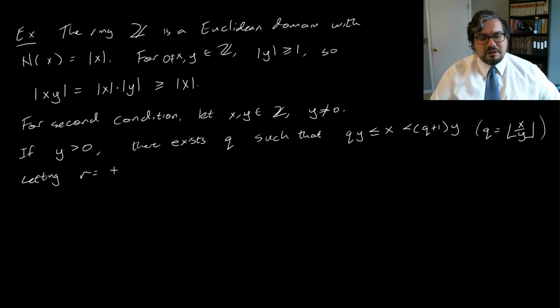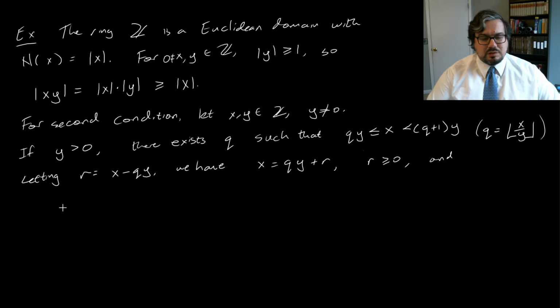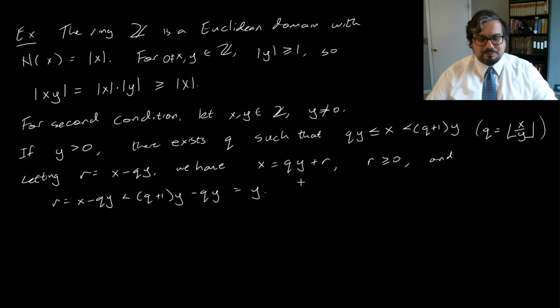Letting r equal x minus qy, we have that x is equal to qy plus r as we want. And also we have that r is greater than or equal to 0, and r equals x minus qy, which is less than q plus 1 times y minus qy, which is equal to y.